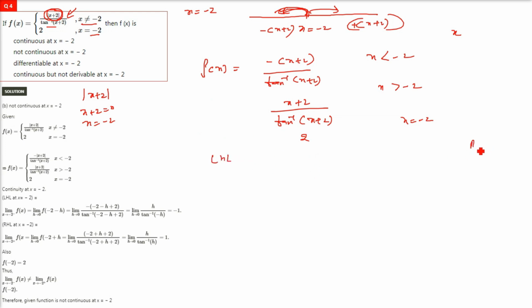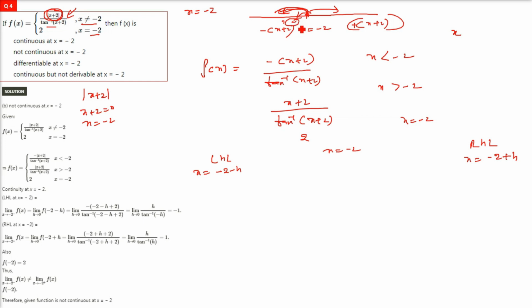So left hand limit and right hand limit we are going to compute. To find out, we'll have to check at x equals negative 2. So x equals negative 2 minus h we have to do, and x equals negative 2 plus h on the right hand limit. When you go on the left, you just subtract a very, very small number that is called h, which will be eventually equal to 0.